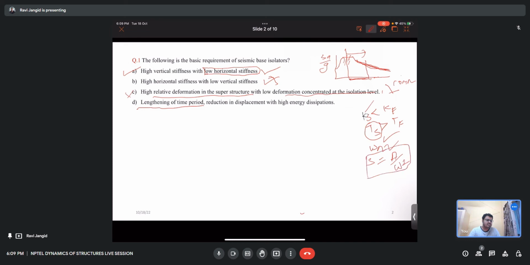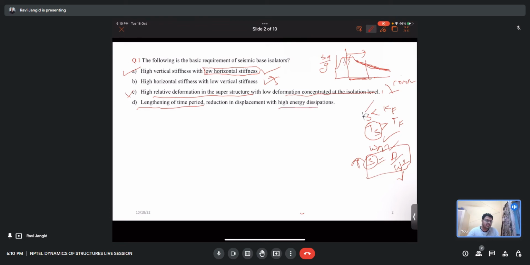So as omega decreases, our displacement increases. That is the one question. So if we apply high damping to the system, our displacement will definitely reduce. So, reduction in the displacement with the high energy dissipation.